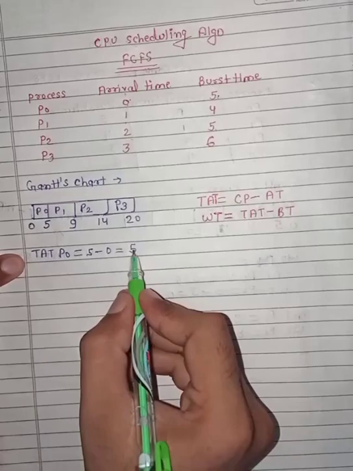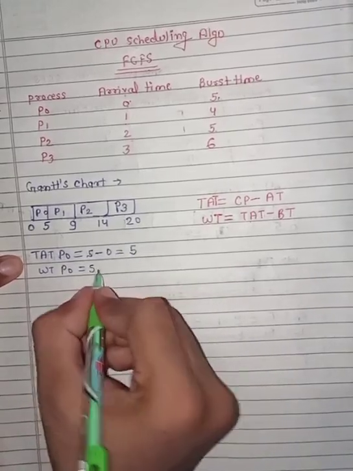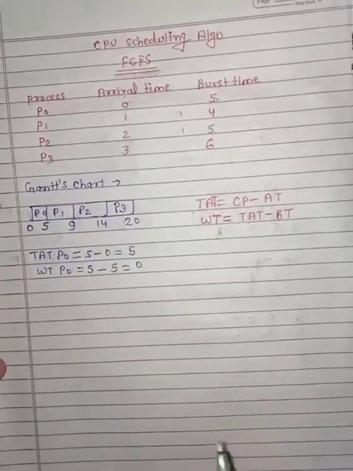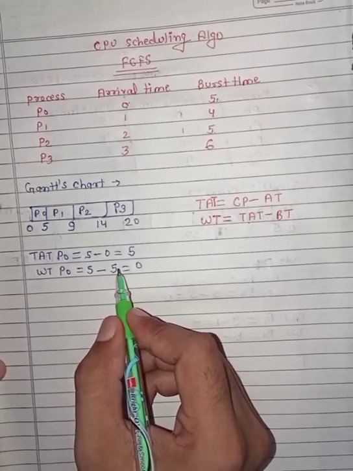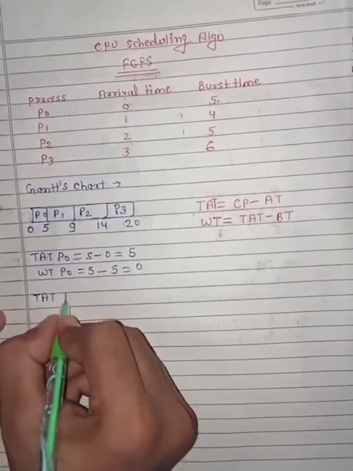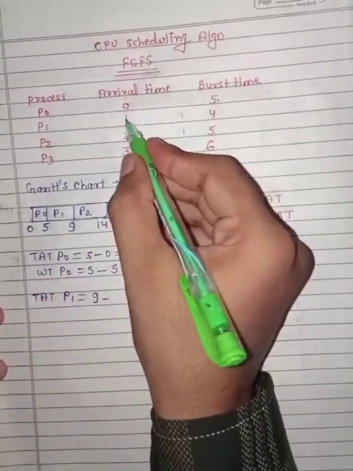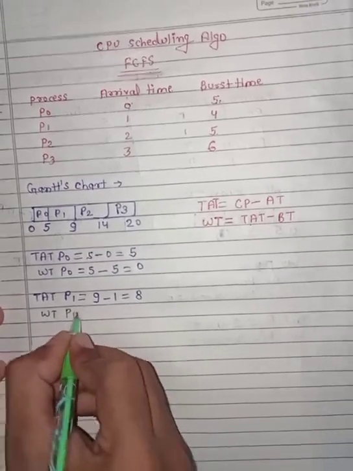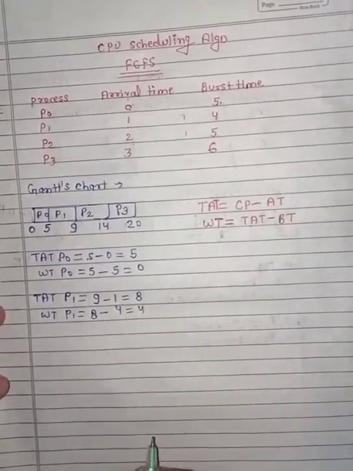So turnaround time is 5, and waiting time of P0 is turnaround time 5 minus burst time 5, so the waiting time for P0 is 0, meaning the process didn't wait and directly went into execution. For the second process P1, turnaround time is completion time 9 minus arrival time 1, so 8, and the waiting time is turnaround time minus burst time 4, that is 4 units of time.